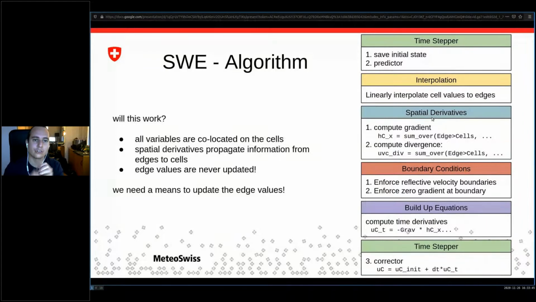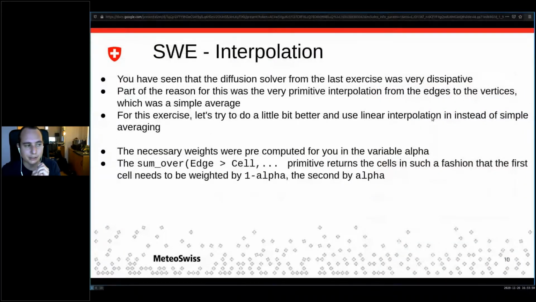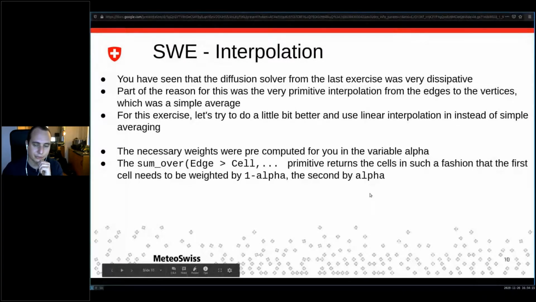And this time we want to be a little bit better than last time. So we're not going to simply average, but you will have a field prepared for you, which contains linear interpolation weights. When you do your interpolation from the cells to the edges, you simply need to multiply by a vector containing 1 minus alpha in the first element and alpha in the second element.